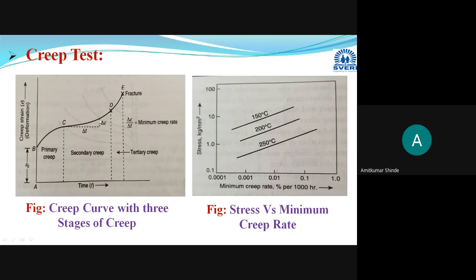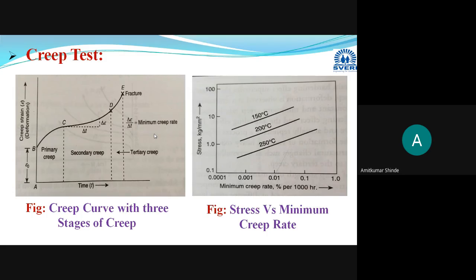This is the simple formula for calculating the slope from a curve, and you will get the formula for minimum creep rate: change in strain over change in time. You take this particular region only, and you will be able to get the minimum creep rate value here.